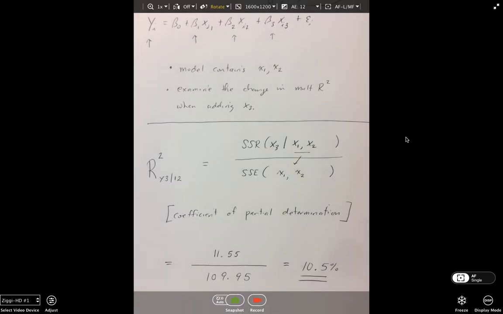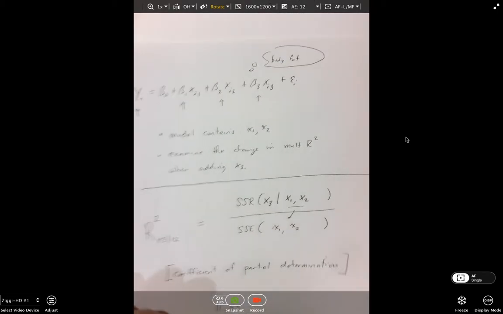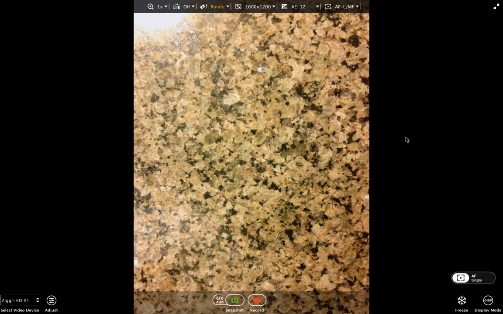Now, what does this tell us? Well, it depends on the way you want to look at it, the way that you want to produce your interpretation. One way is to focus on the percentage of variation in y that's explained.